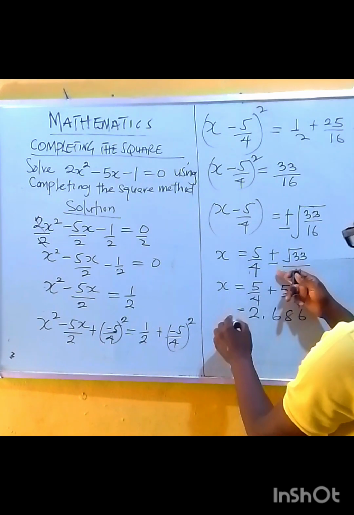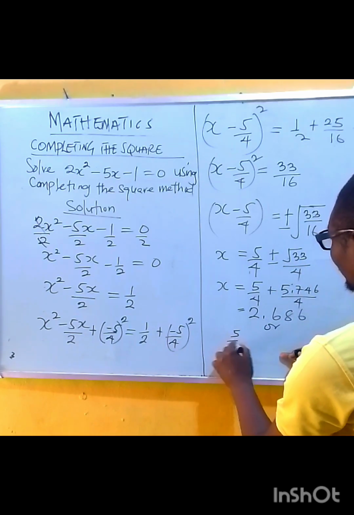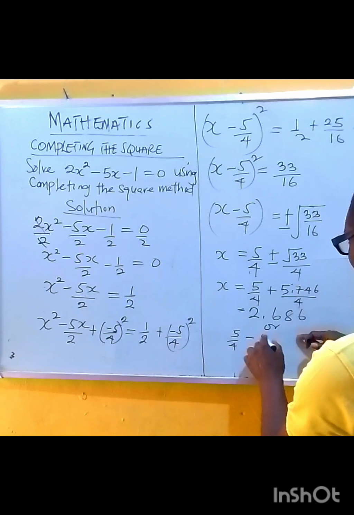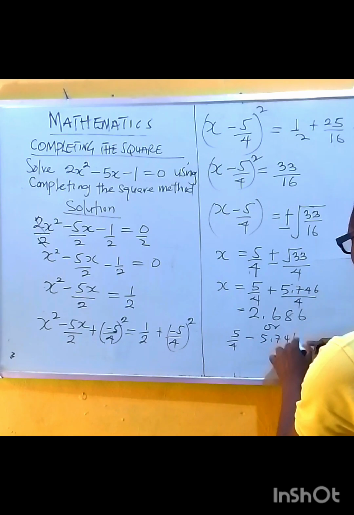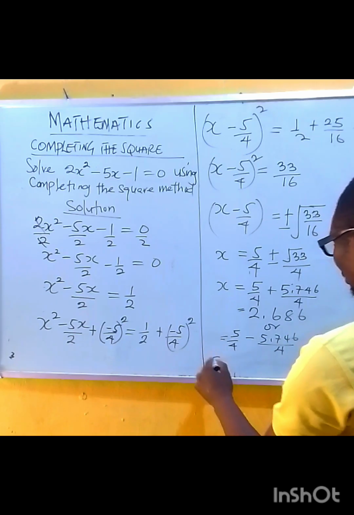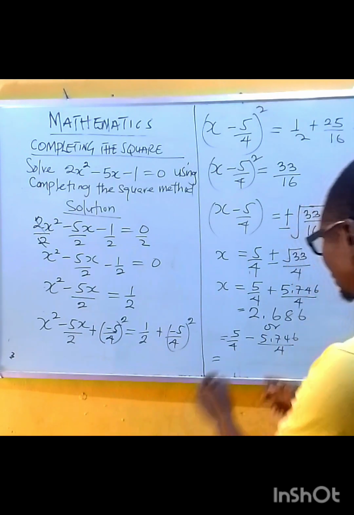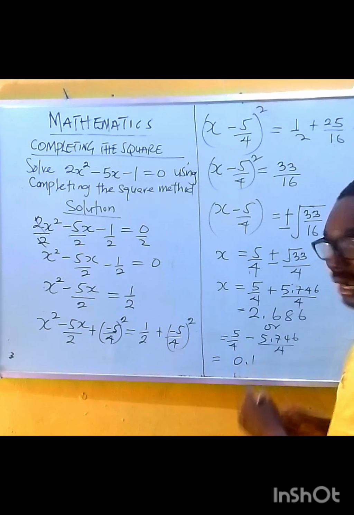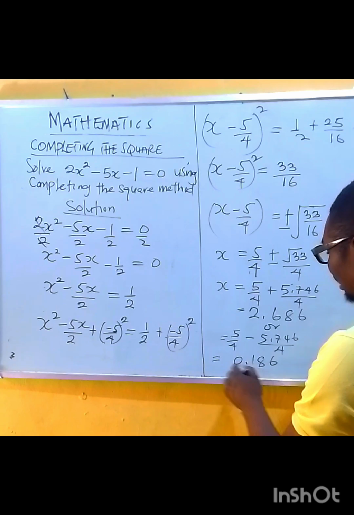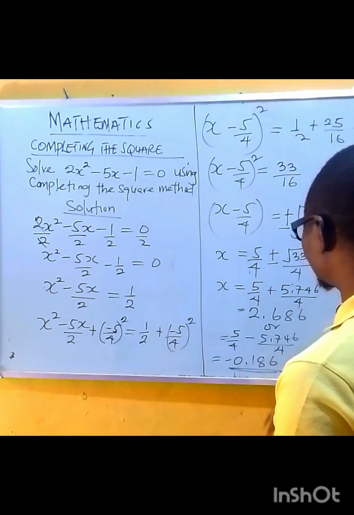Or we have 5 over 4 minus 5.746 over 4. So by the time you resolve this also, using your calculator, you're going to have minus 0.186 as your answer.